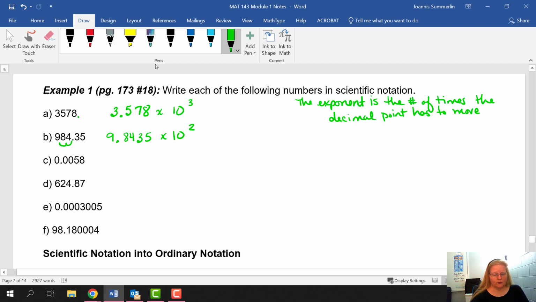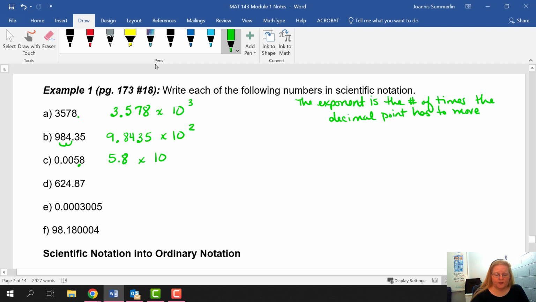Here, I have a string of zeros. I need my first number to be a 5 because I don't want to write down the string of zeros. It's the whole point of scientific notation not to have to write those zeros. So 5.8 times 10, and then the point ended up here.